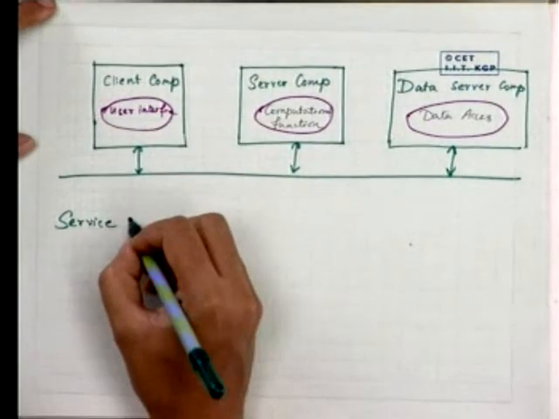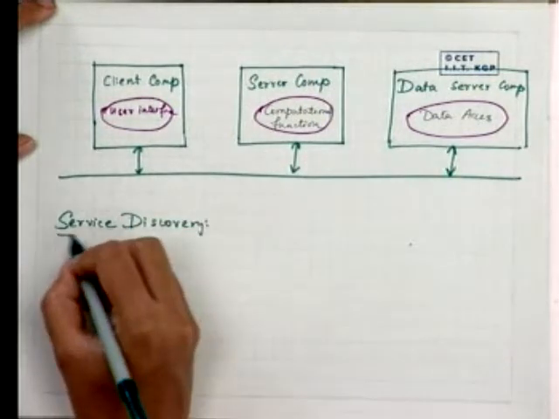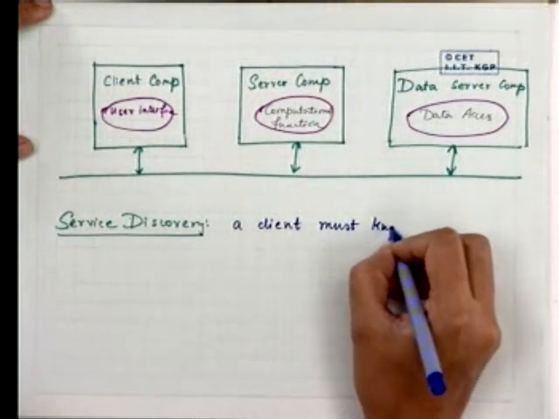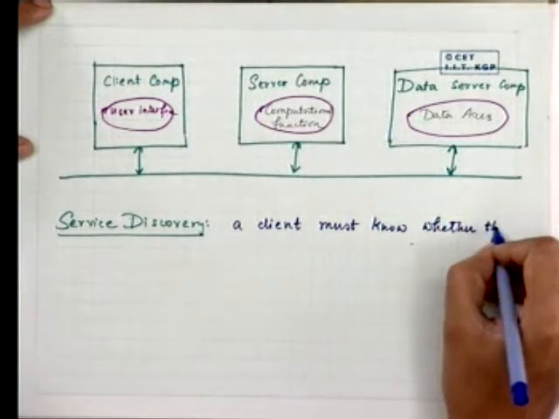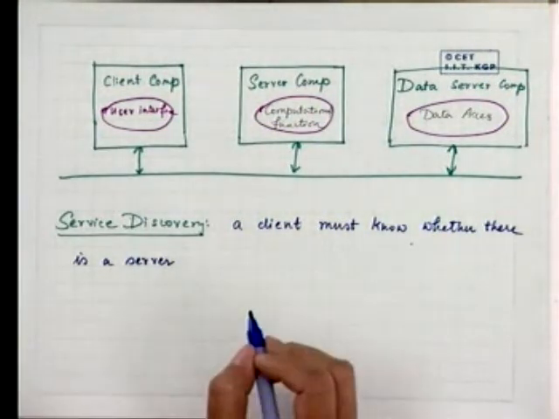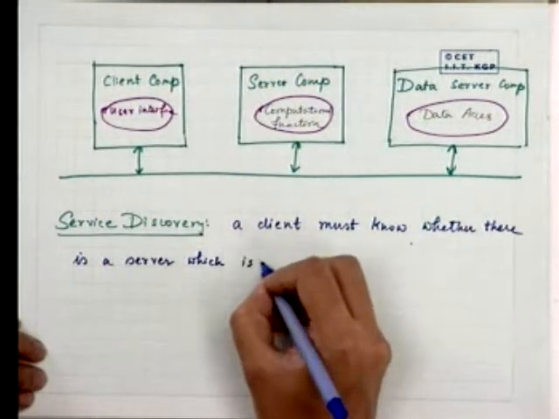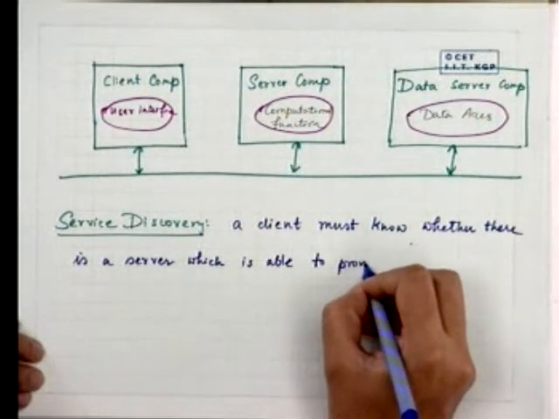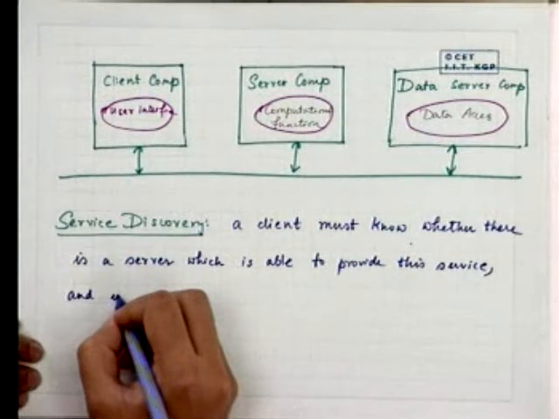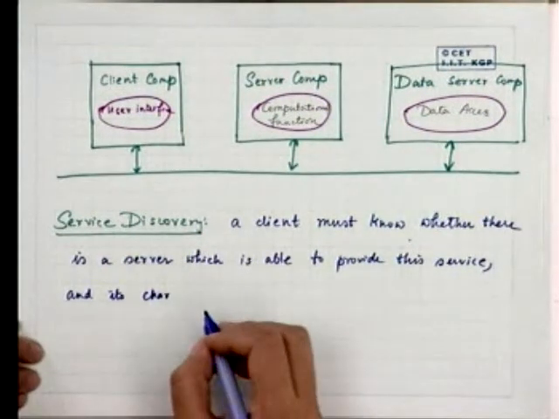Our client must know whether there is a server which provides the service, and if there is, it must know the location of the server in order to access it. So the client must know whether there is a server able to provide this service, and if the server is present, its characteristics, name and location.